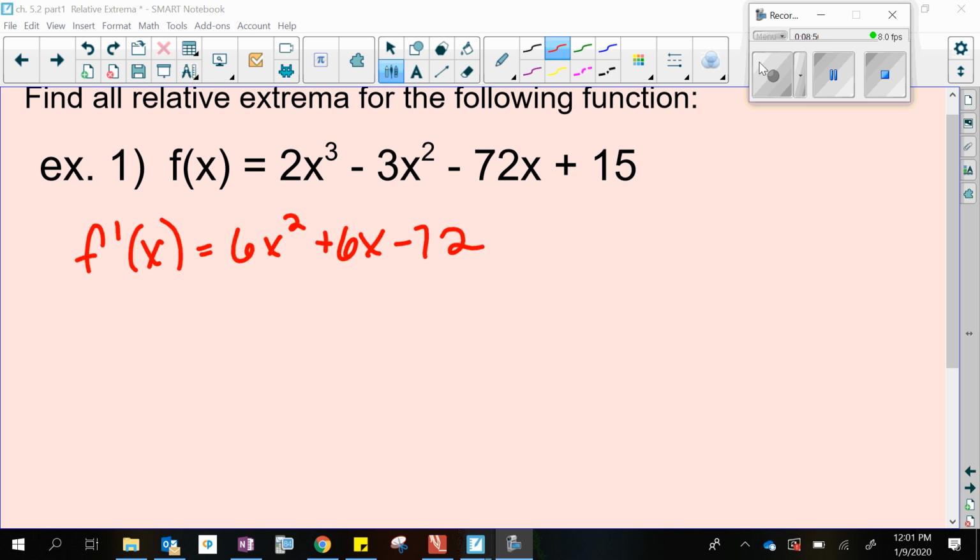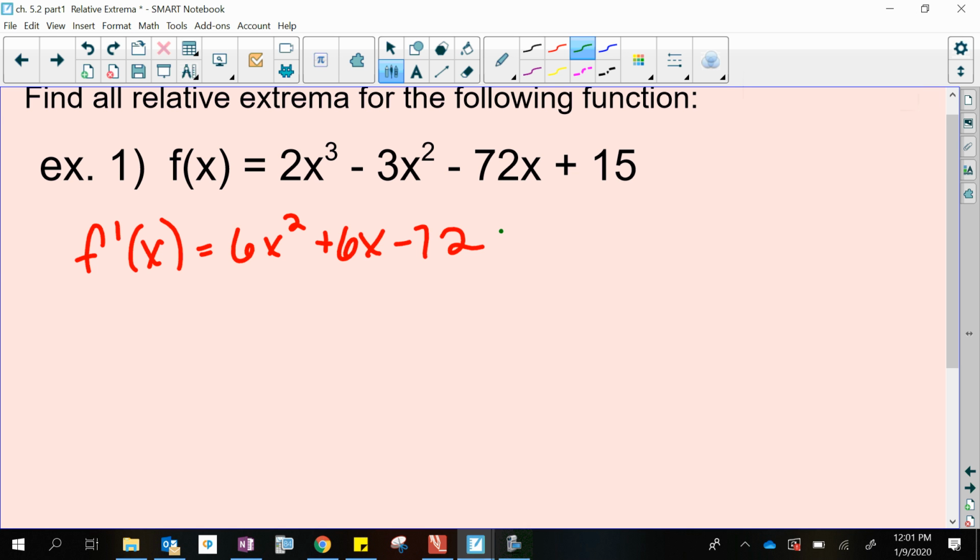Okay, so we take the derivative. Now, is there anywhere where this derivative is not defined? No, right? Because there's no x's, there's no denominator with any x's. So we don't have to worry about getting critical numbers that way, but we do have to set it equal to 0 and get critical numbers.